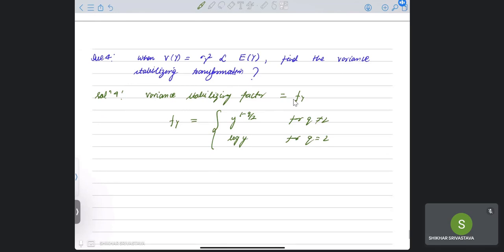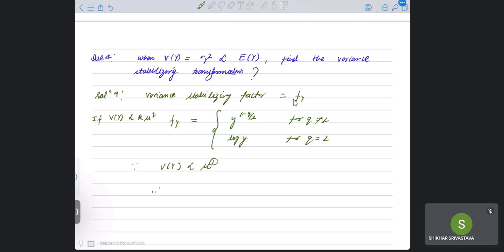So in our case, if variance of y is proportional to some k times mu to the power q, and in the given question your variance is directly proportional to mu, so your q is 1.